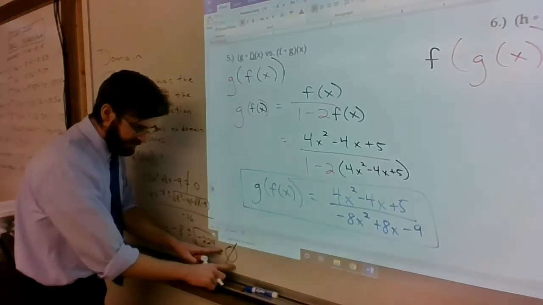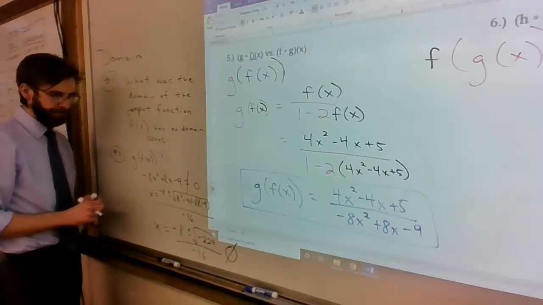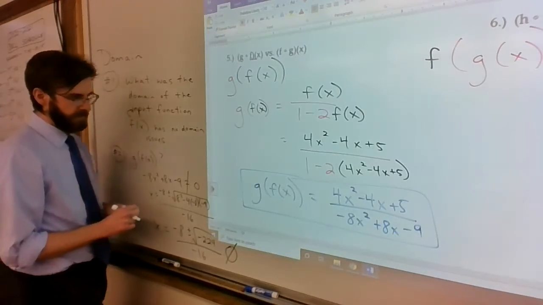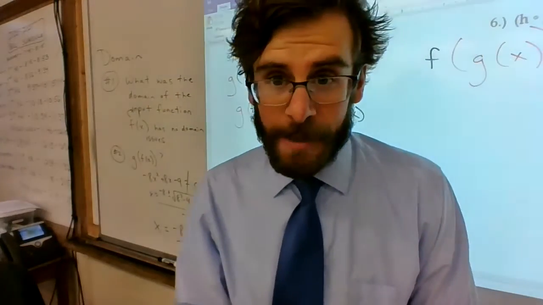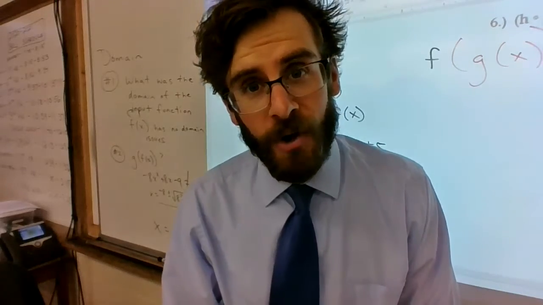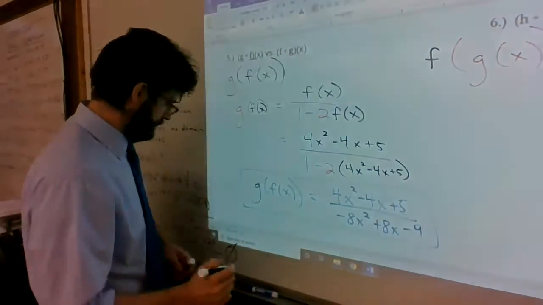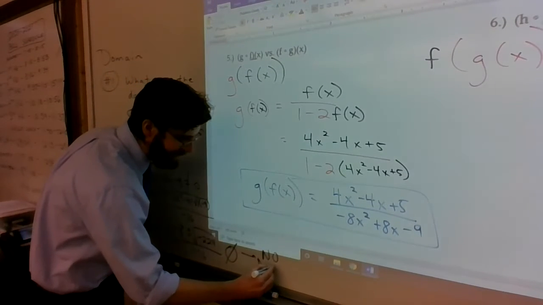It doesn't. I think I said that all messed up. Bottom line is, the bottom can't be 0. And if the bottom can't be 0, that means there's no divide by 0 error. No domain issues.